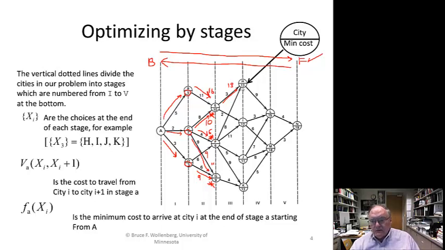There's the 13 in there. Now if I go to I, it could be 10 plus 2 if I followed this one, which would be 12. Or it could be 6 plus 11, or 17. And so the minimum cost is going back by this path here.